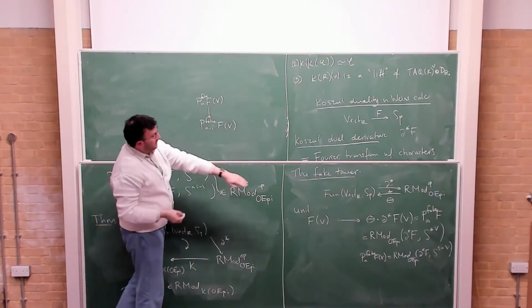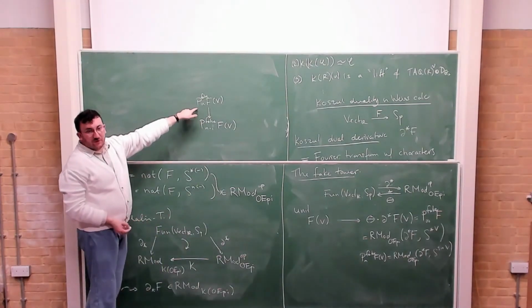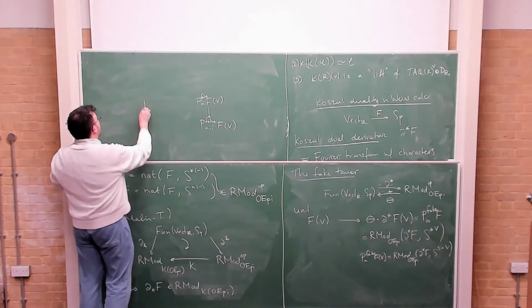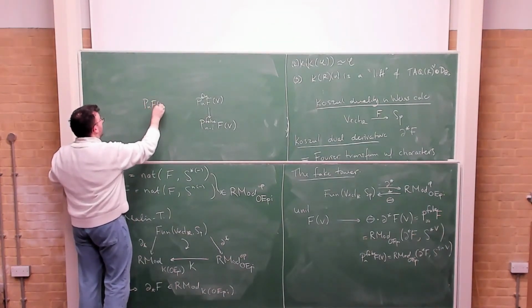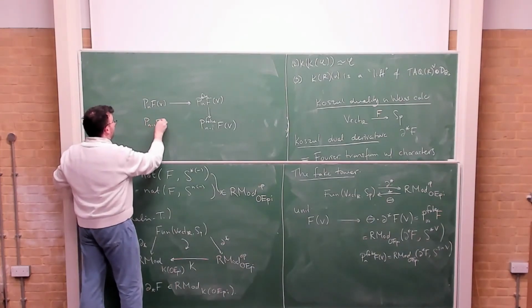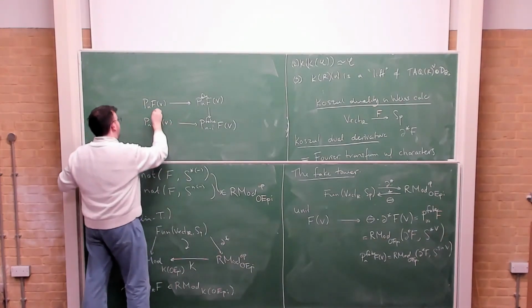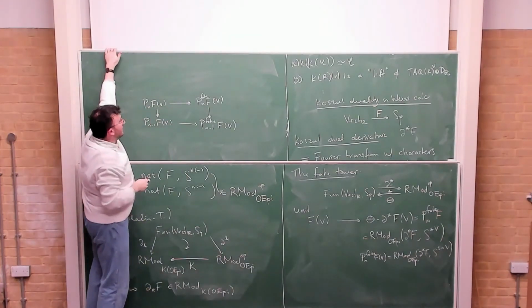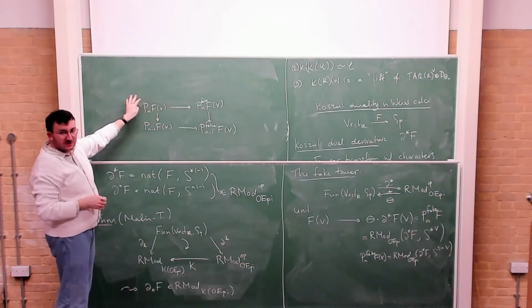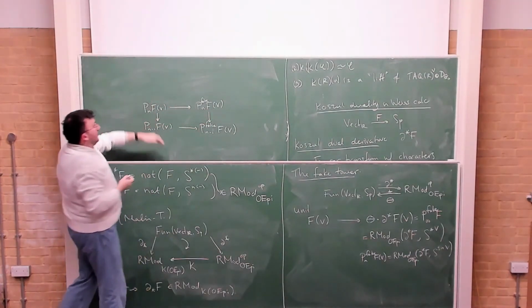So with this being the unit of some adjunction, this receives a map from F, and that actually factors over the actual tower. Like so. So this is saying, in particular, that this functor is n polynomial, but just not the n polynomial approximation.